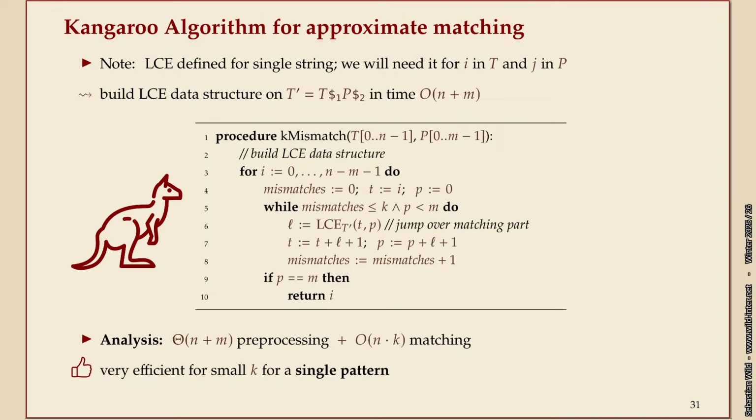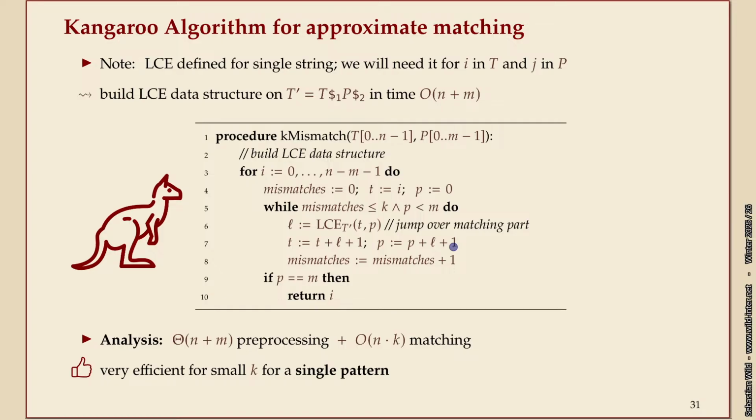So with that, we get to this kangaroo algorithm, which is really the brute force algorithm we've just seen, except that it jumps over the matching parts. So much of the structure looks similar, but here we first jump in from the two positions for as many characters as we can, and we increment by that many characters.